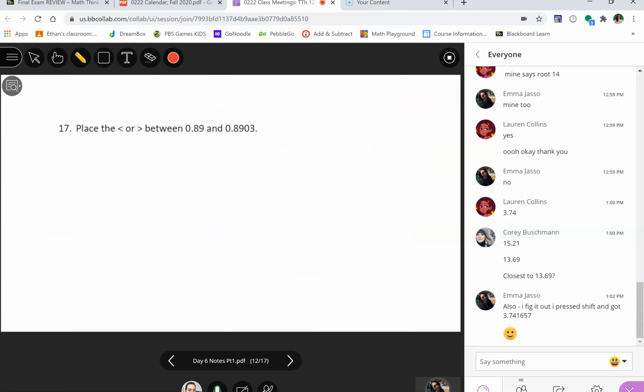So I want you to go ahead, and I'm going to be quiet for a second, and I want you to think about which symbol belongs between these numbers, because it can throw students off sometimes.